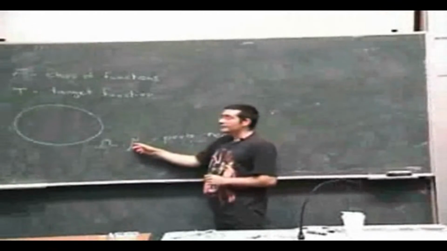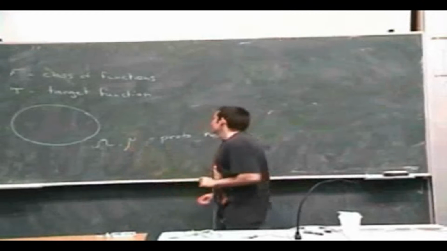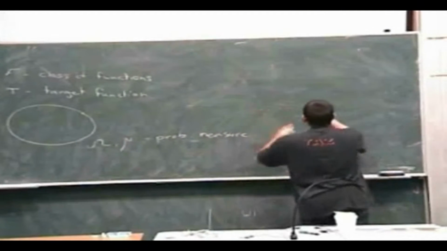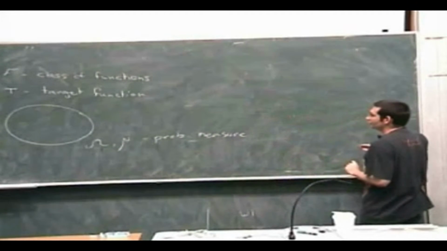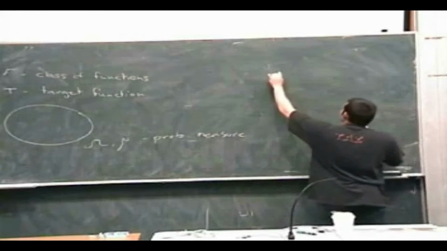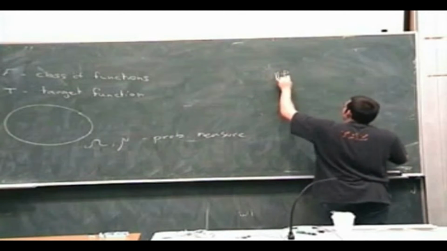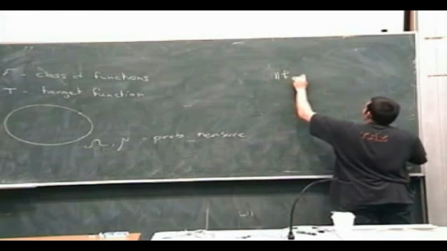Now, what I'm doing is integrating the differences between two functions, and I have to take into account the given probability measure.